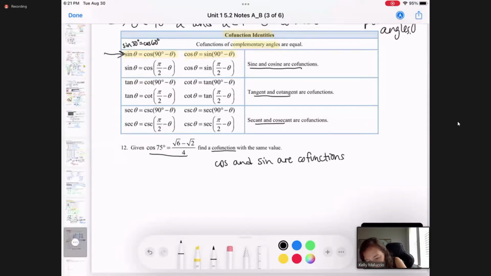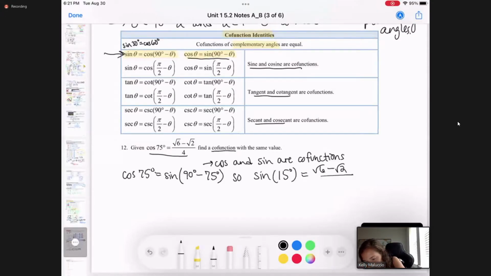So cosine 75 degrees equals sine of 90 degrees minus 75 degrees. 90 minus 75 is 15, so sine of 15 degrees is going to equal square root of 6 minus square root of 2 over 4, the same thing.